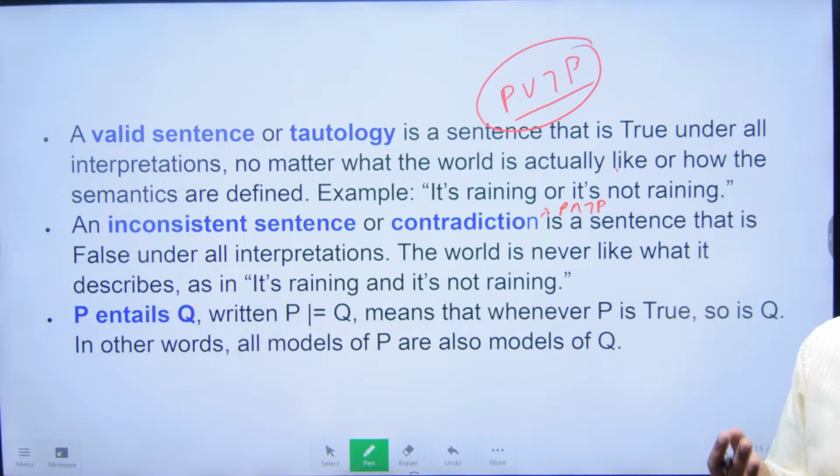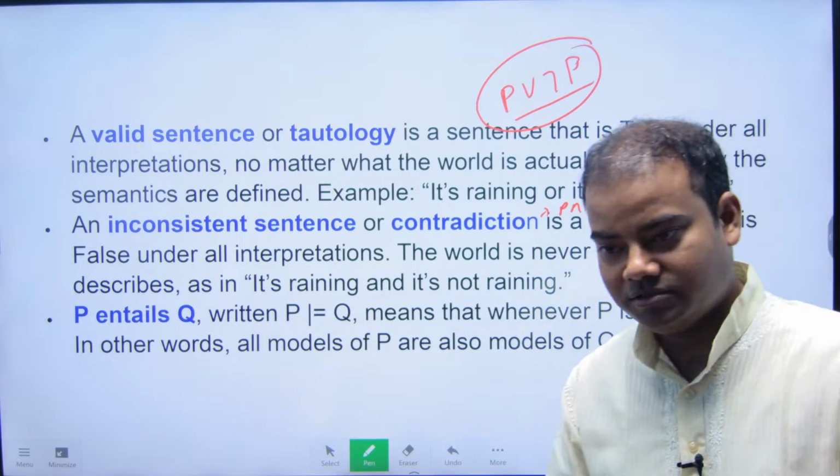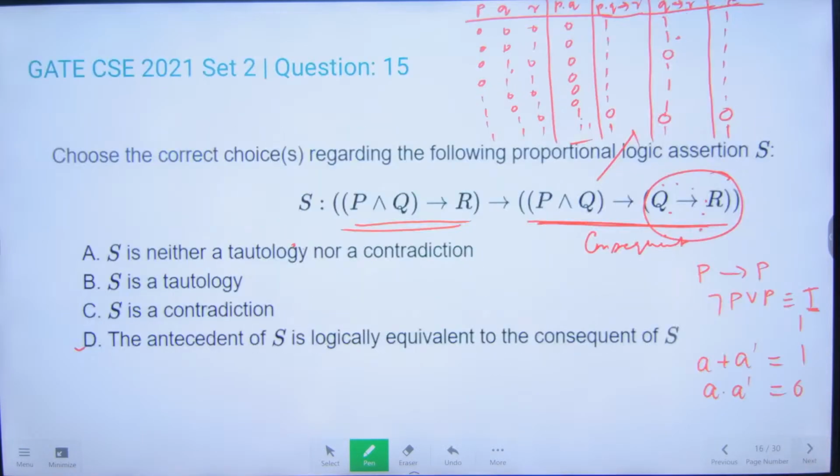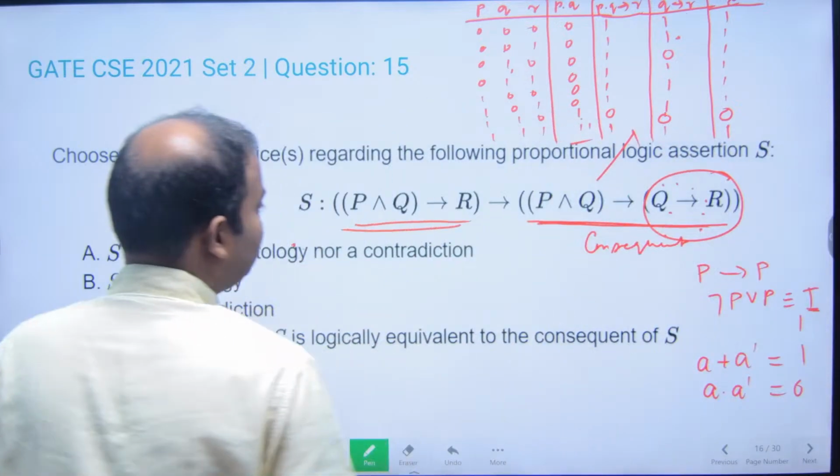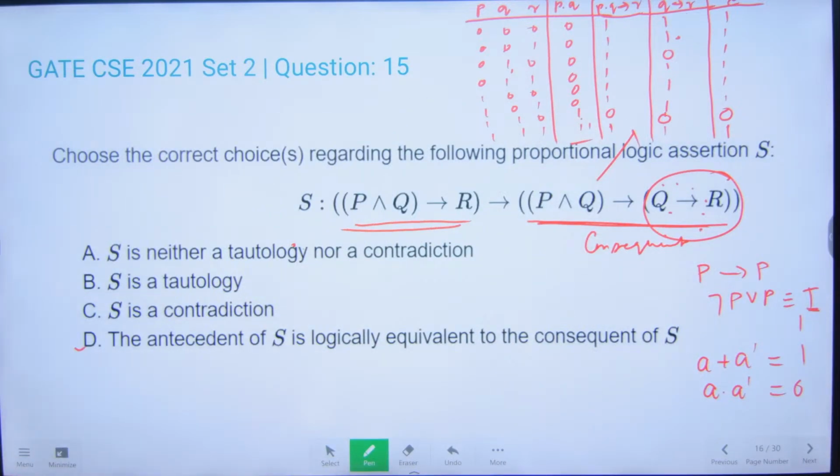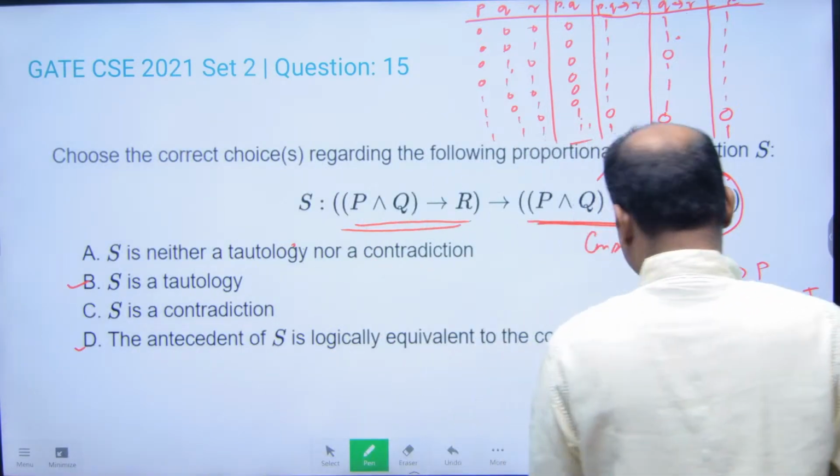Tautology means true, or you can say 1. Contradiction means 0 or false. So now tell me, what is here? Option B. Actually, this single answer is not possible. Why? Because if this is not a tautology and not a contradiction, then this will be the answer. Okay, that is also. Any doubt?